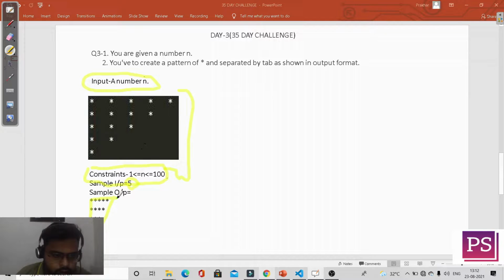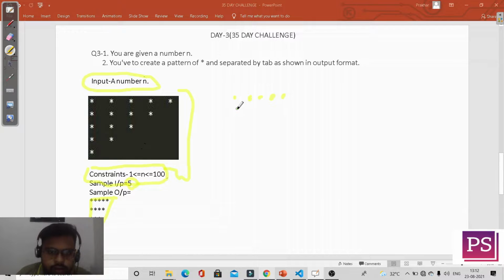So let me explain this pattern to you. In this pattern, in the first row there will be 5 stars. Let's assume these are stars, as I have explained in the first video that my drawing is not good.